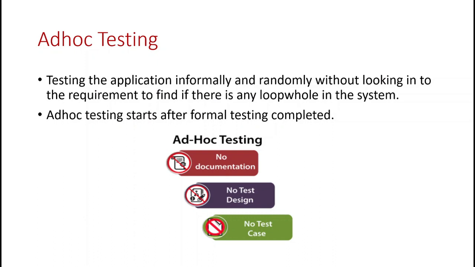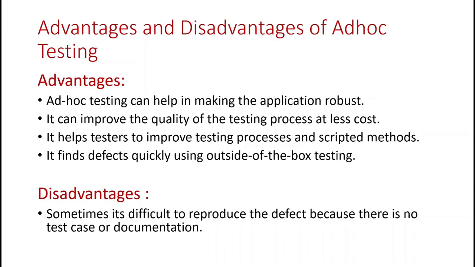Now here we'll see what the advantages and disadvantages of Adhoc testing are. The advantage is that Adhoc testing can help make the application robust, because here we are trying to break the code, and if any bug is there, let them fix it and give a bug free product, making the application robust. One more advantage is that it can improve the quality of the testing process, because we are trying to check all the possible ways.